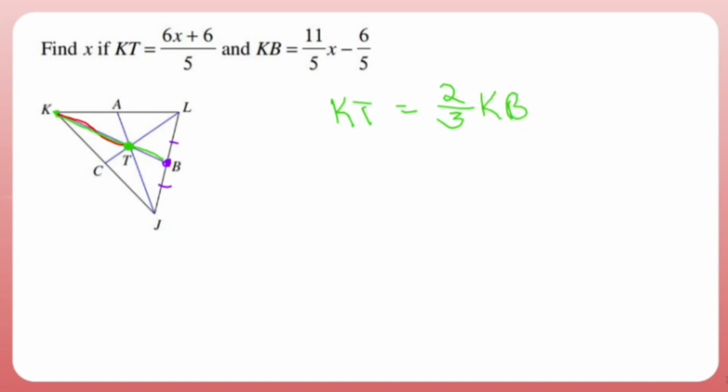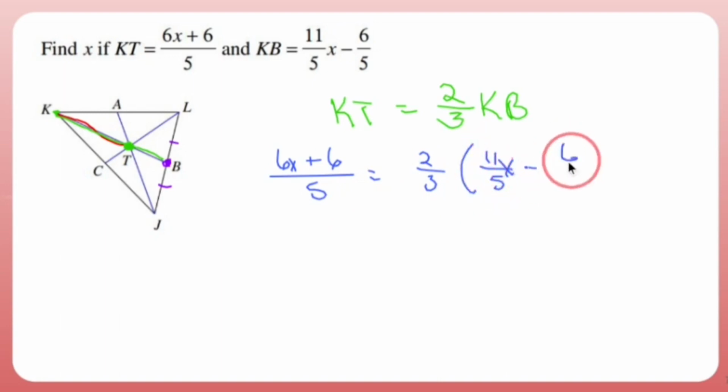Okay, so this is going to take a few minutes. KT is (6x plus 6) all over 5. That's going to equal 2/3 of (11/5 x minus 6/5).